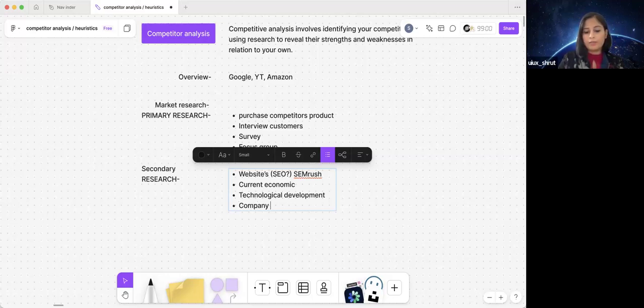Then we have company records. Records are all about revenue. You can get an overview of how well your competitors are doing. You can check their year-to-year growth. If this year they did 5 crores in sales, what is their target for next year?